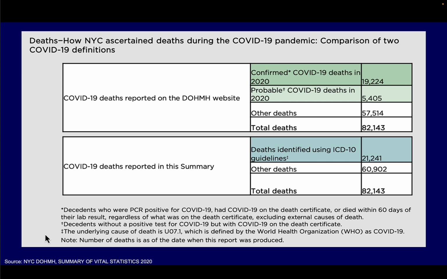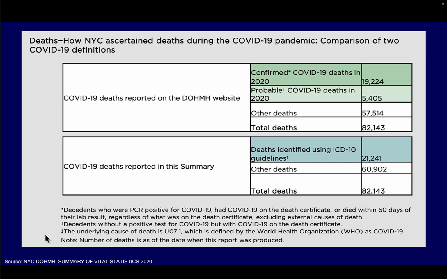Interestingly, the table shows two different ways that the health department classified COVID-19 deaths. The top table is what they reported about COVID-19 deaths on their website almost in real time, which was essentially death data linked to surveillance data, case reports of COVID-19 cases. In that situation, a confirmed COVID-19 death was defined as anyone with a positive COVID-19 PCR test from surveillance who died within 60 days of that positive test.